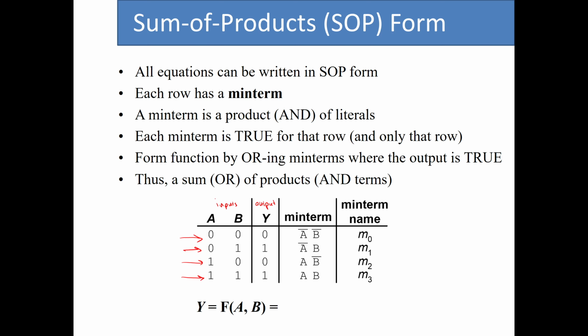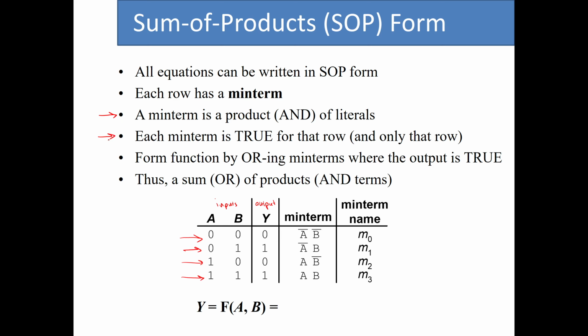As you remember from before, a minterm was a product of some literals, right? Whether the variable itself or its complement. But it was necessary that you have all the variables. As I said, the minterm is unique for every row of the truth table. Why is that?